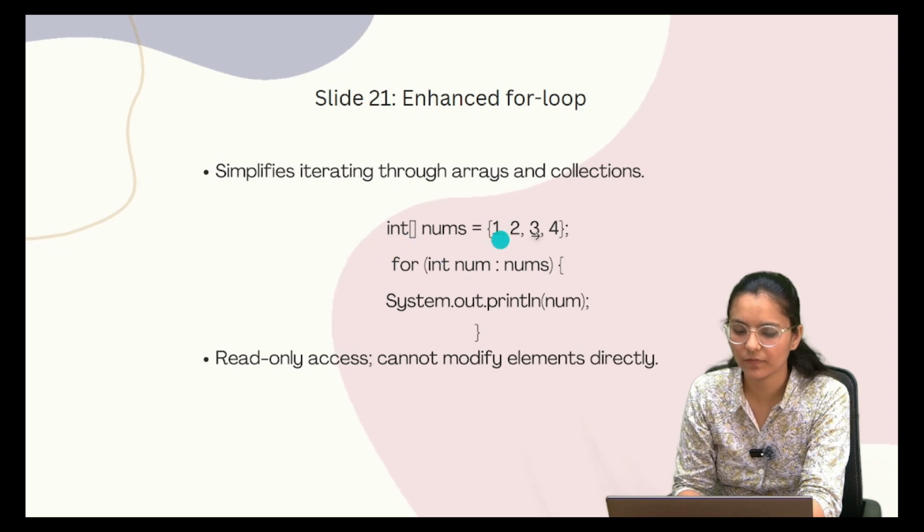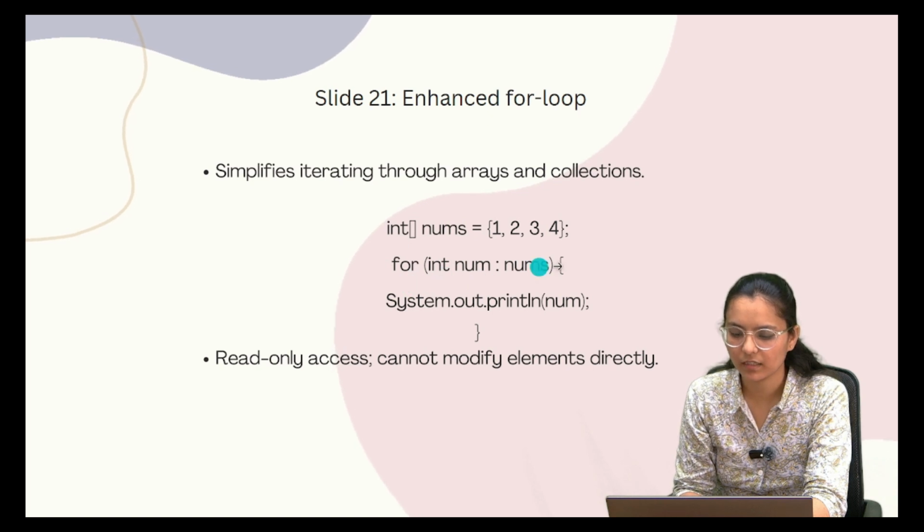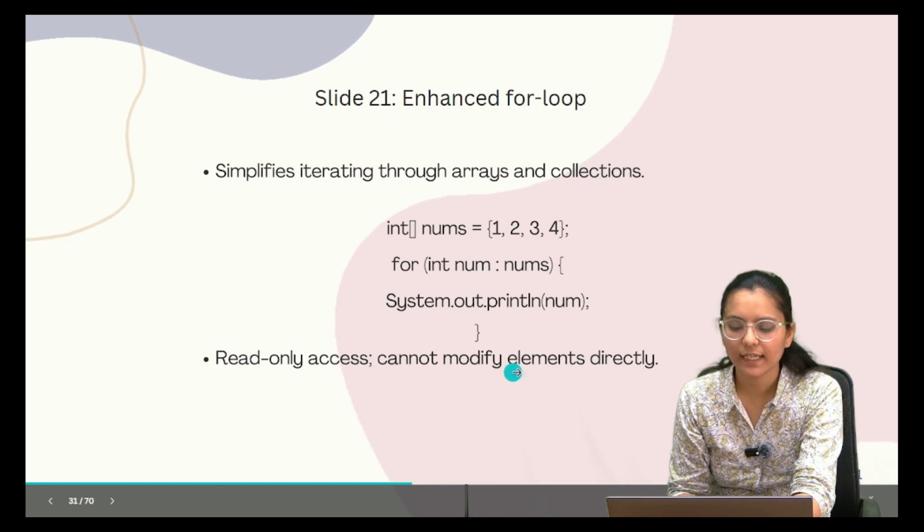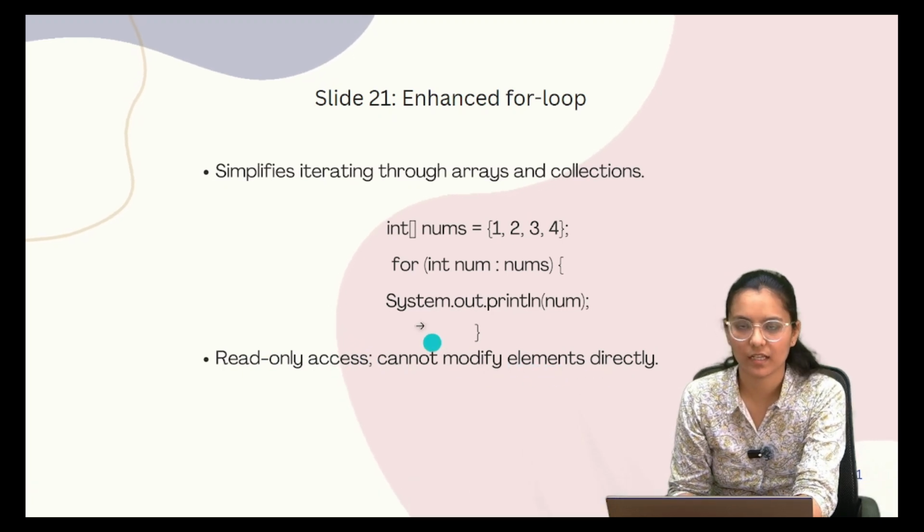Here, int nums 1, 2, 3, 4, and this is the for each loop we can use, and here we write System.out.println with num as the variable. It gives read-only access and cannot modify the elements directly in the enhanced for loop.